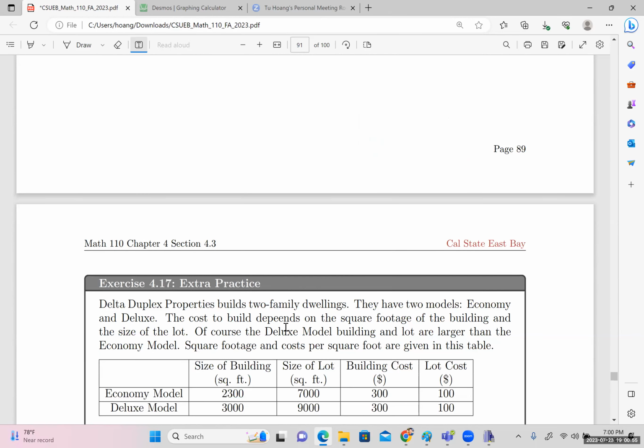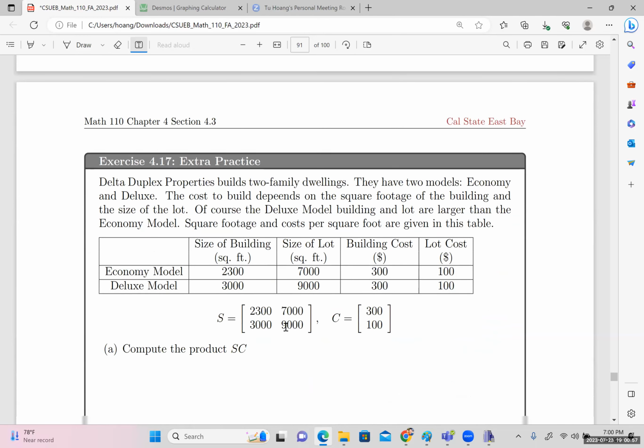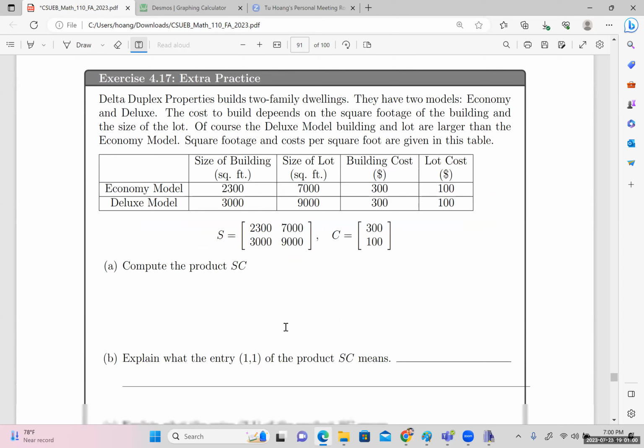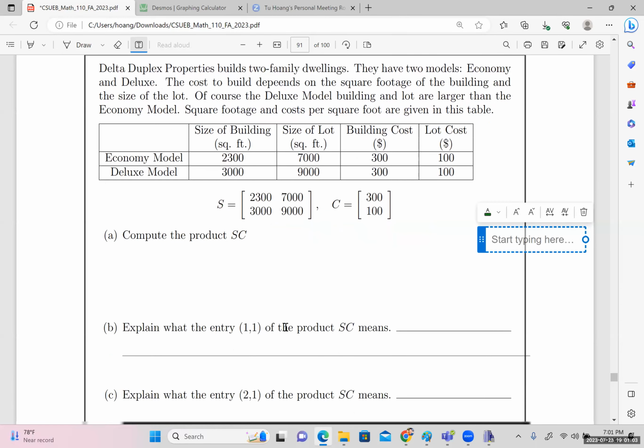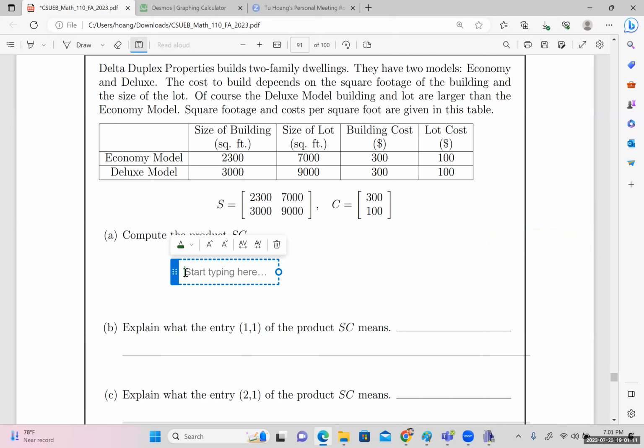We have an actual practice here. I would like to let you guys work on this one. And I can give you the answer key. So S times C is equal to, you can use calculators and get 1,290,000, and the other is going to be 1,800,000.